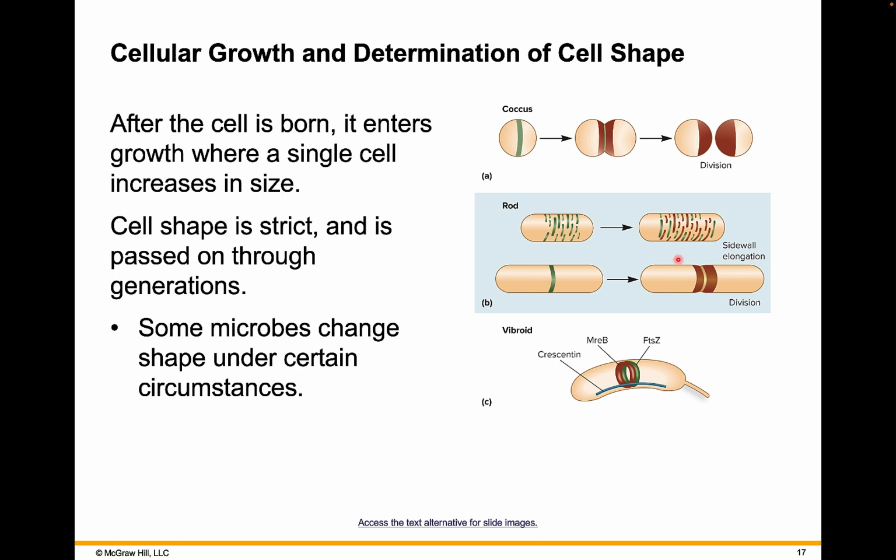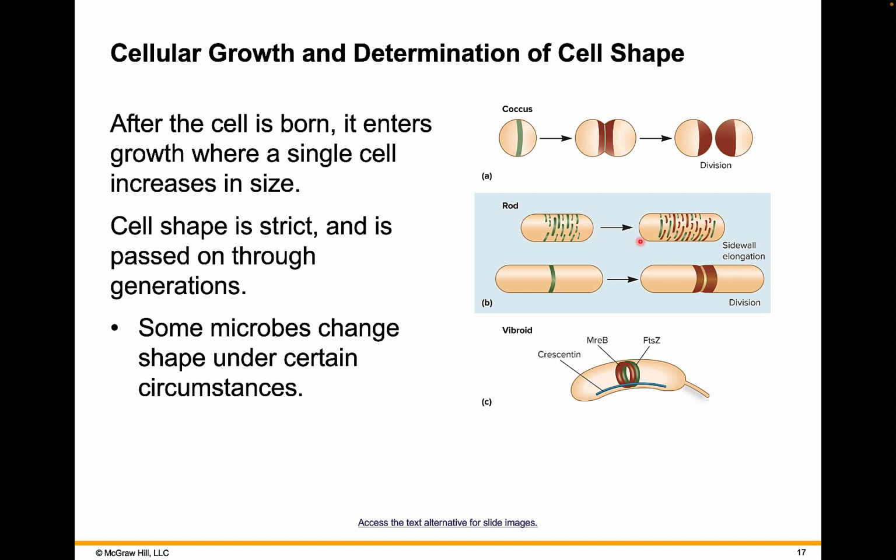This is essentially controlled by a protein known as MreB. MreB is a homologue of actin, the eukaryotic cytoskeletal protein, and MreB helps in these multiple areas of synthesis. In the coccus, MreB is absent.